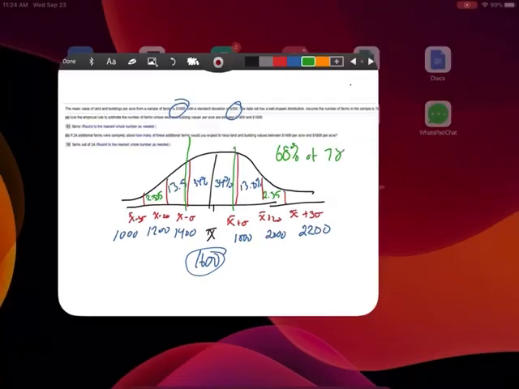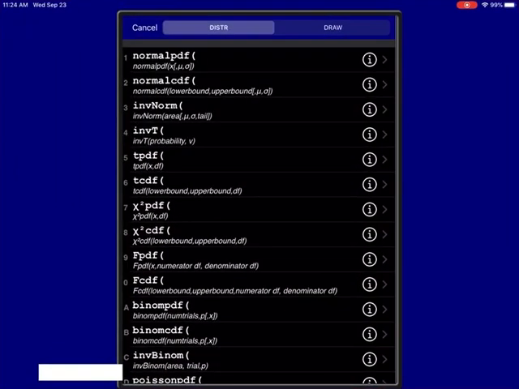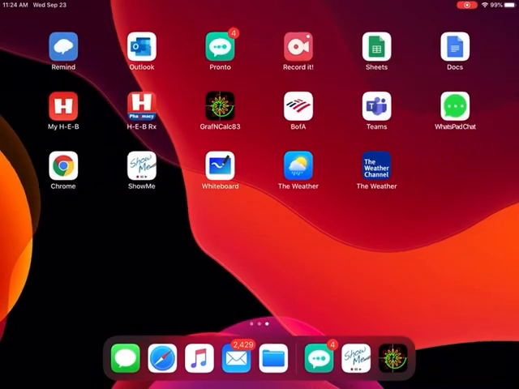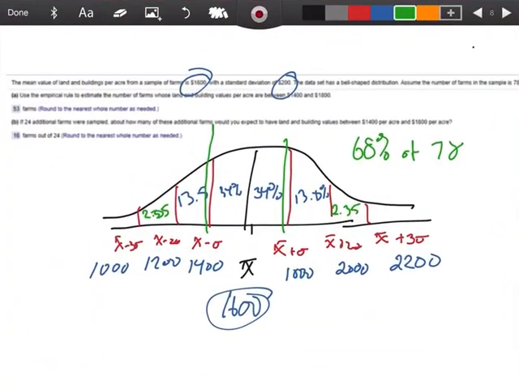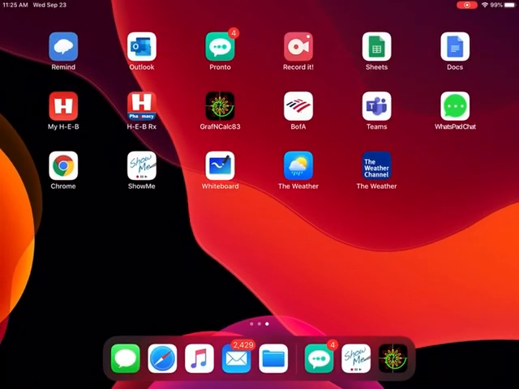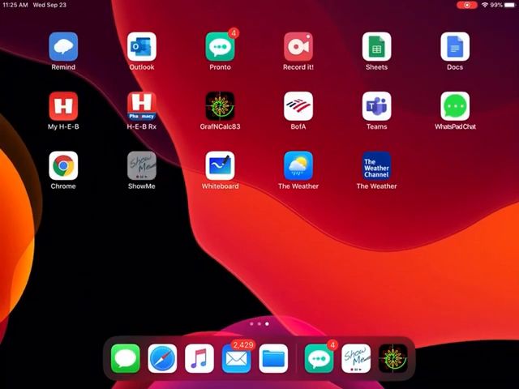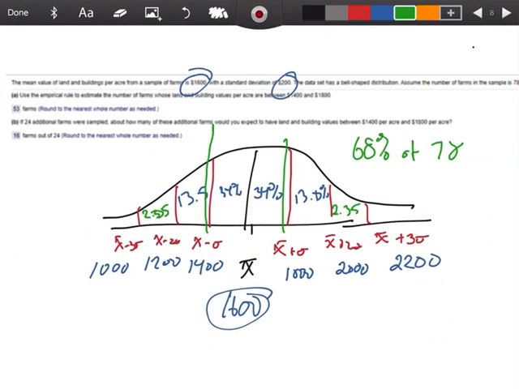I'm just going to use my calculator here. 0.68 times 78 is 53. So for part A, there it is, 53.